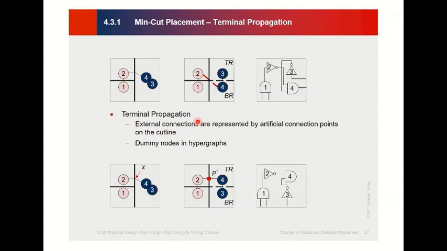So I'm not going to highlight the detail. All I'm saying is it can be solved using terminal propagation by introducing dummy nodes in the hypergraph, which I'm not going to go through. So this terminal propagation sub-algorithm will indicate to us how to do the final placement. In this case, the solution is we should put 4 on top and 3 at the bottom, like this. It will result for this example with very simple interconnect.